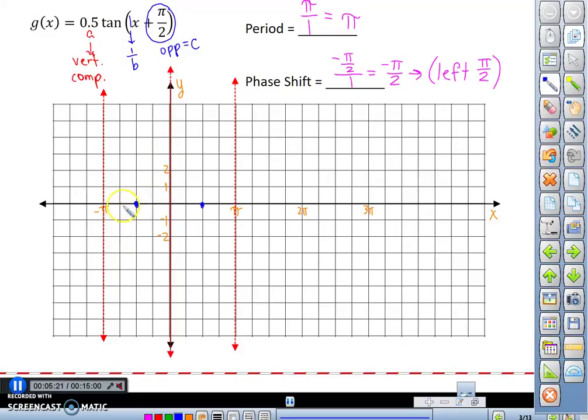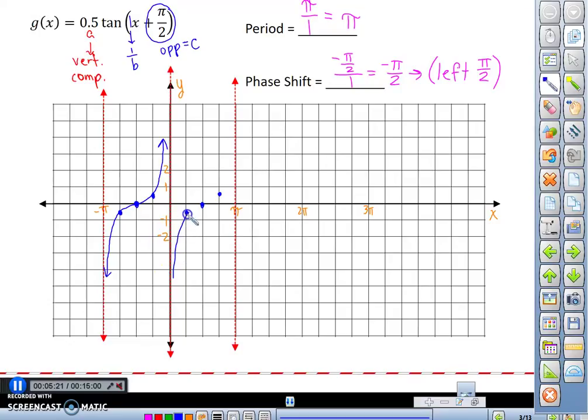This vertical distance of 1 unit below compresses to half that distance, so it's now half that distance at negative 1/2, and the positive 1 distance compresses to a positive 1/2. And so our left side is concave down, right side is concave up. Make sure it shows it approaching its asymptotes. And then that repeats in the next cycle.